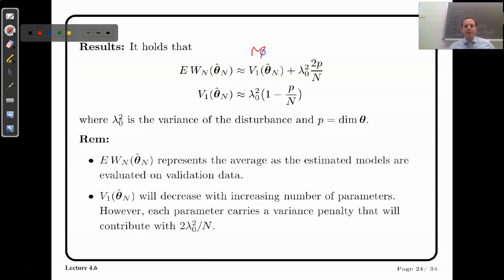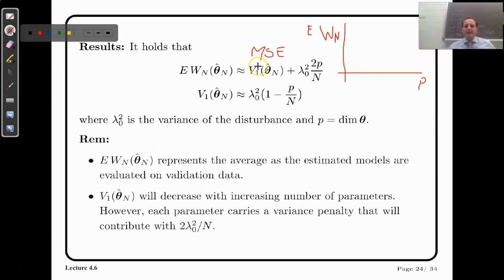If I plot this function, as independent variable you have the number of parameters, and this is the estimated value of this cost function, Wn.